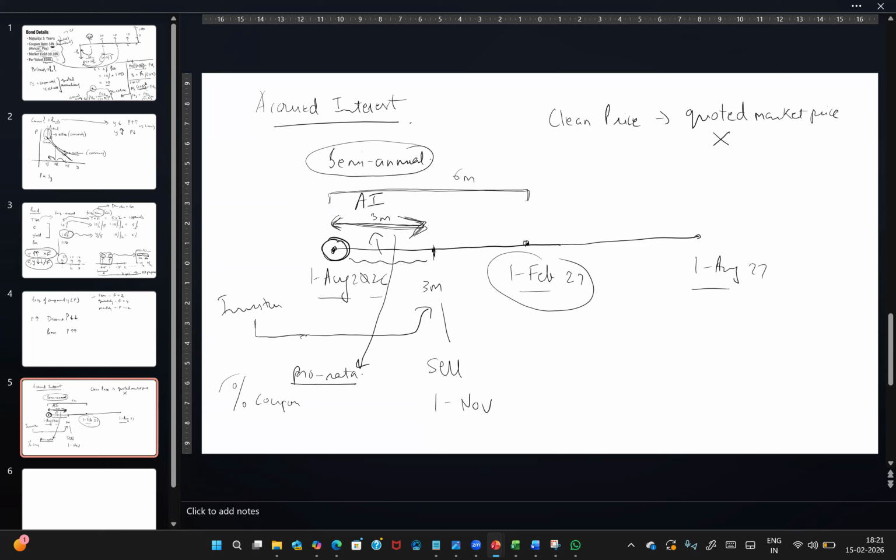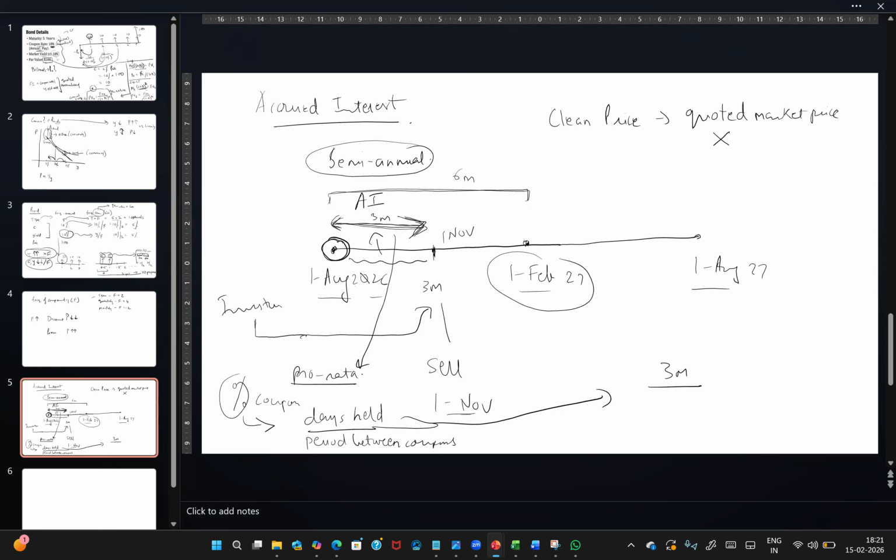So this pro rata is nothing but a percentage of the coupon. And this percentage is determined by days held divided by the period between coupons. In our case, days held is what? 3 months. I hold it from 1st August to 1st November. I'm selling the bond on 1st November, so I hold it for 3 months.